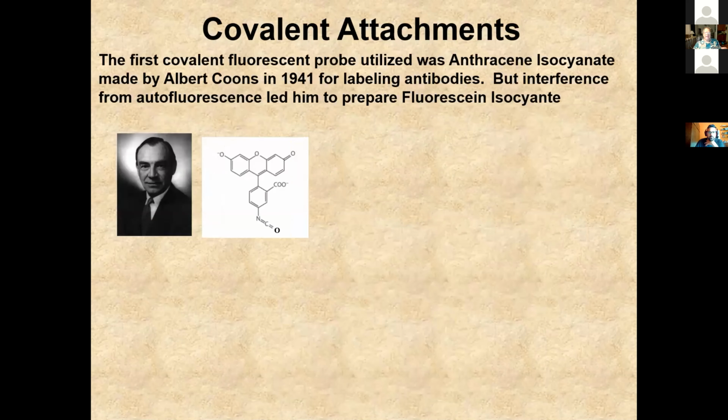What about covalent attachments? Well, the first covalent fluorescent probe utilized was actually anthracene isocyanate, made by Albert Coons in 1941 for labeling antibodies. But he was looking at serum, blood serum, for example, and interference from autofluorescence led him to prepare fluorescein isocyanate.